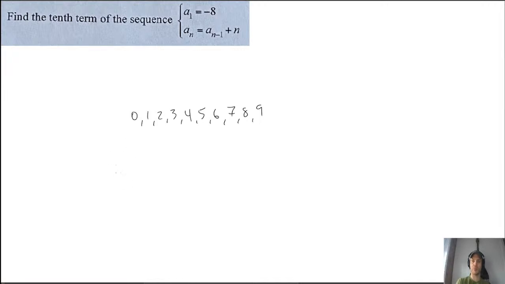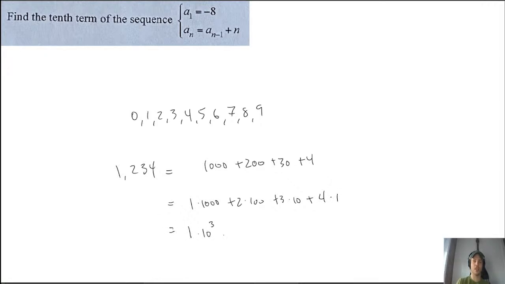That we call those digits. But if you wanted to express a number like 1, 2, 3, 4, so 1,234, this is the same as 1,000 plus 200 plus 30 plus 4, which is the same as 1 times 1,000 plus 2 times 100 plus 3 times 10 plus 4 times 1, which is the same as 1 times 10 to the third plus 2 times 10 squared plus 3 times 10 to the first plus 4 times 10 to the 0.